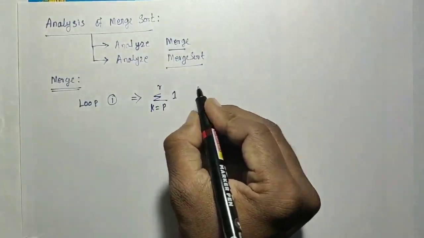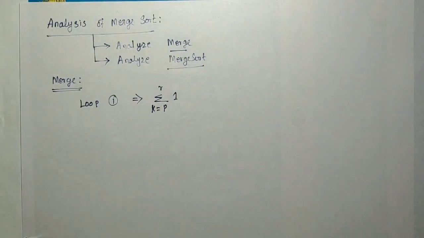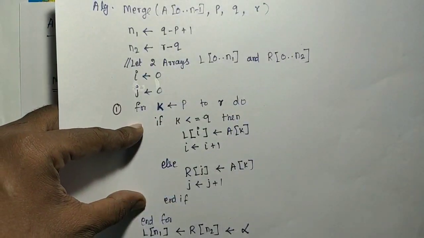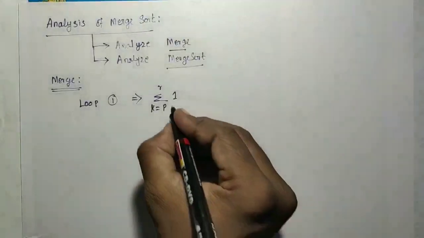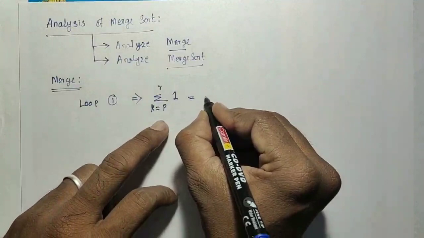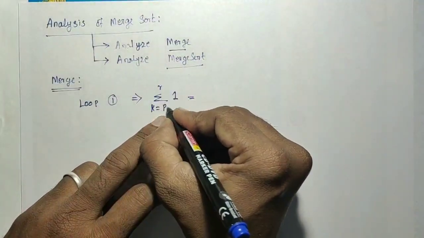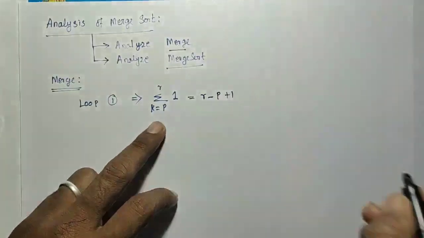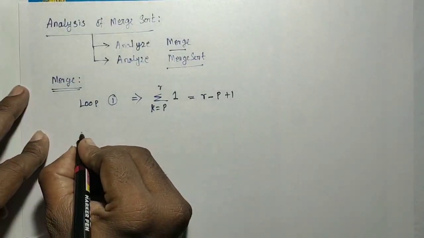The one represents the number of steps involved here, so we take one as the number of steps. So this can be written as upper minus lower plus 1, that is R minus P plus 1.